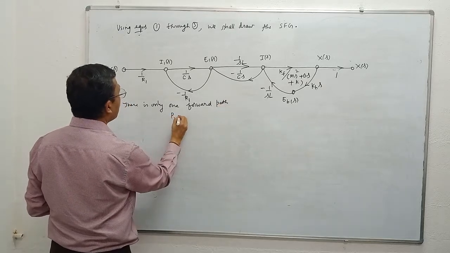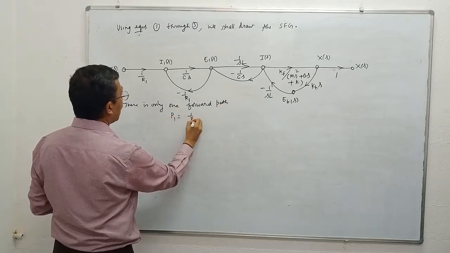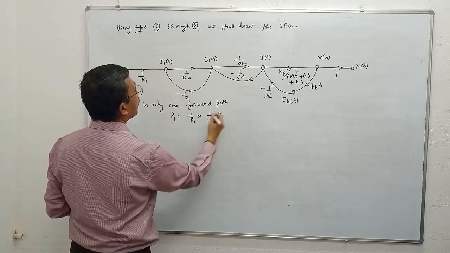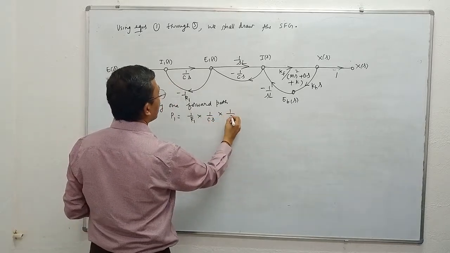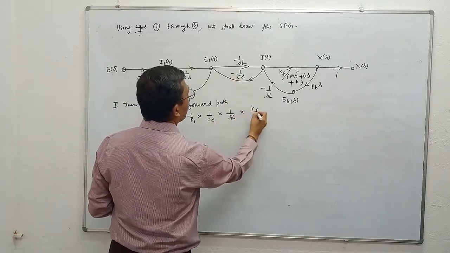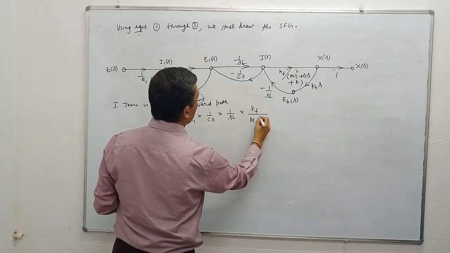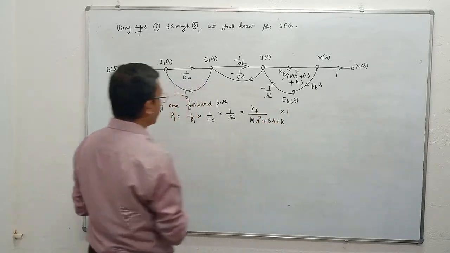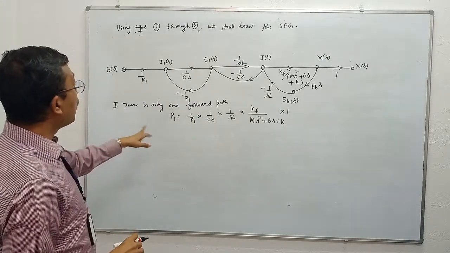What is the path gain? P1 equals 1 by R1 into 1 by CS into 1 by SL into KF divided by MS square plus BS plus K multiplied by 1. This is the forward path.